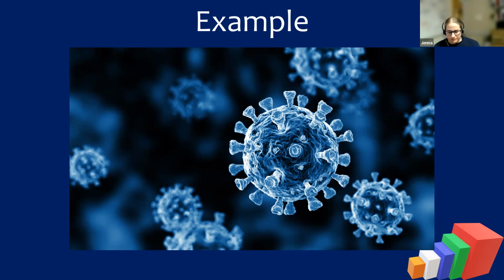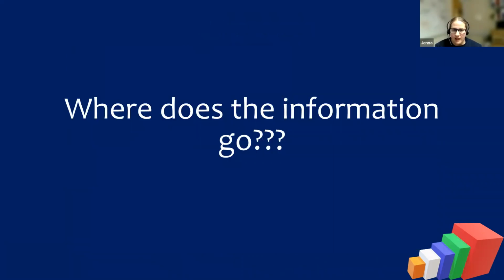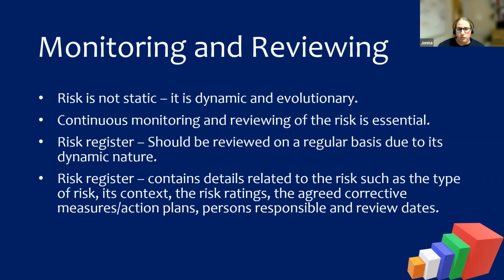We've looked at all of those elements, but when you bring it to your senior management team, where does that information go? What is the next step? Obviously the recording of that information is really important, and it is pivotal in risk management, because that leads on to your monitoring and your review.